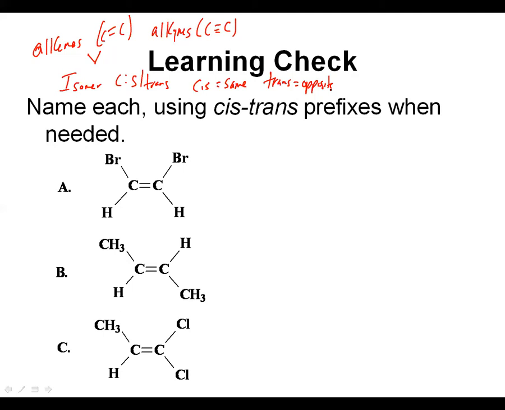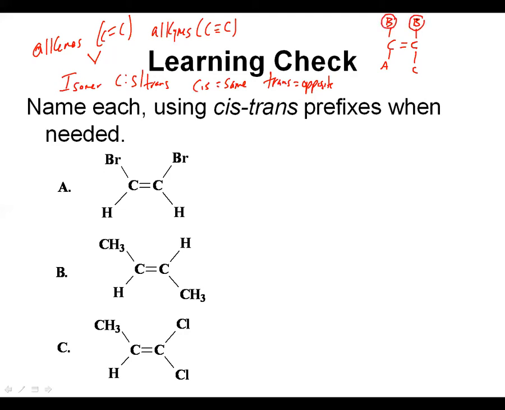It's always around that double bond that you're concerned with. And remember that on the same carbon, we need to have different groups. On both of these carbons we need different groups attached, but there does need to be a group on opposite carbons that are the same.